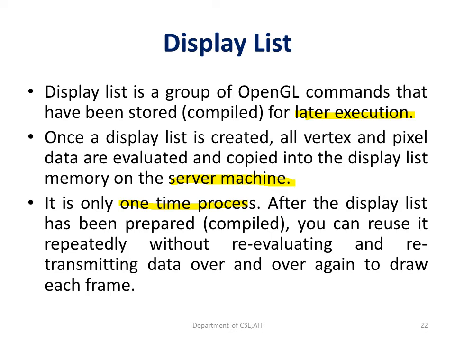The display list is a set of OpenGL commands that can be stored and used. That is another advantage. Once we have created the display list, the information about it is copied into the display processor on the server machine. Once we copy it, we can use it multiple times by evaluating and retransmitting the data over and over to draw the frame.